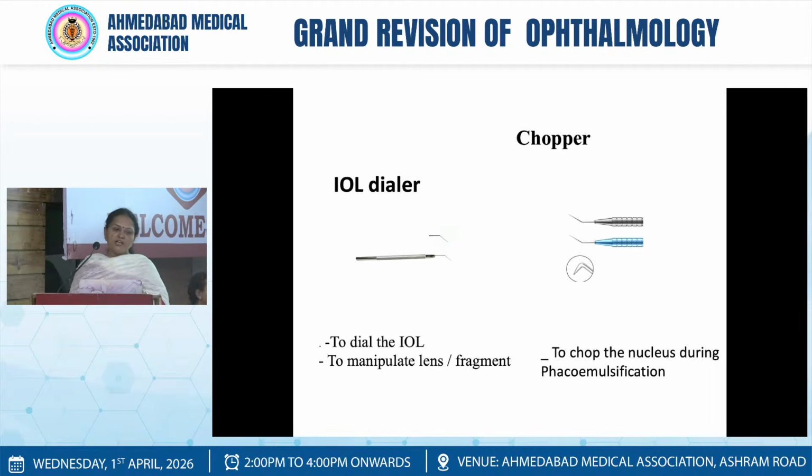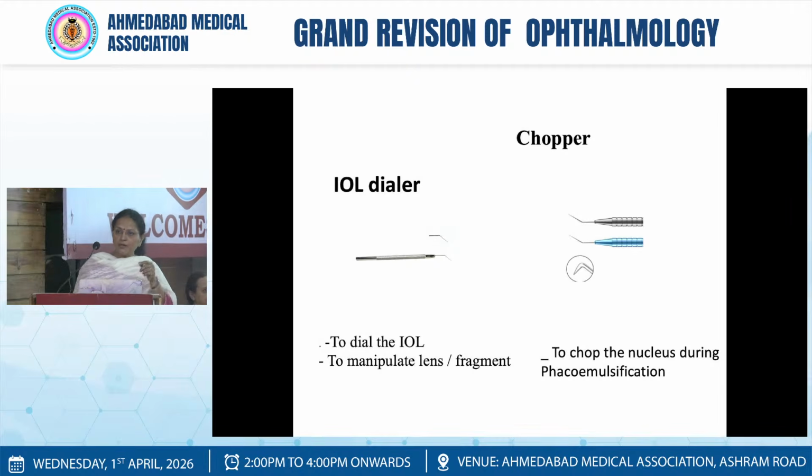Then you might confuse the IOL dialer and chopper. So the dialer is used to dial the intraocular lens that we are inserting into the eye. When you use the foldable IOL, particularly with phacoemulsification, you can use the T dialer, in which you have a small tip between the tip and shaft of the instrument.